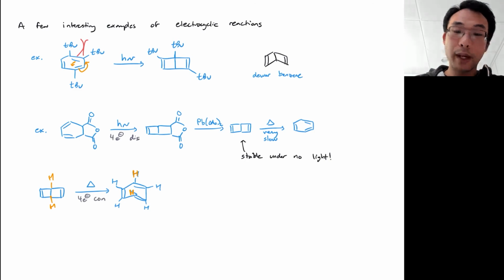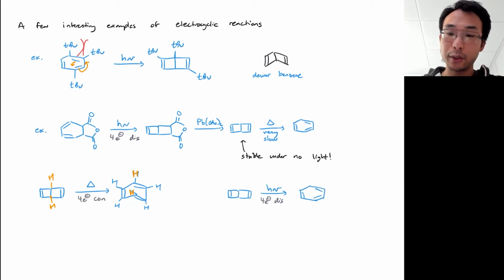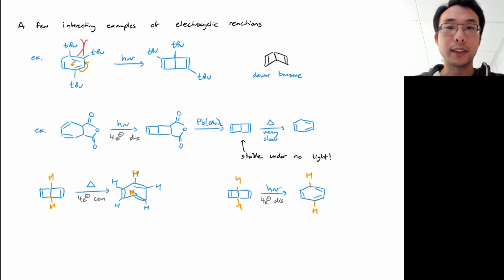And so that's why under just thermal conditions, the electrocyclic ring opening doesn't really happen or is extraordinarily slow. According to the Woodward-Hoffmann selection rules, we can get the opposite process, the disrotatory ring opening, to happen by switching to photochemical conditions. And indeed, shining light on Dewar benzene lets you do the 4-electron disrotatory process, and that quickly happens to get to the actual benzene molecule.